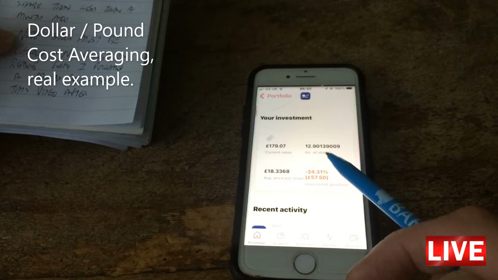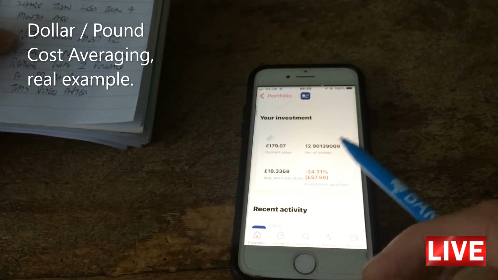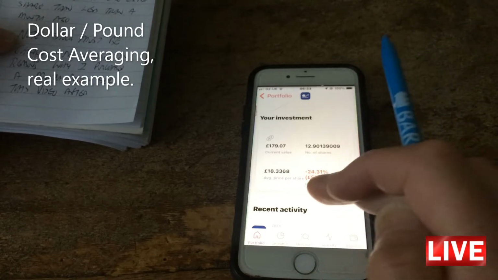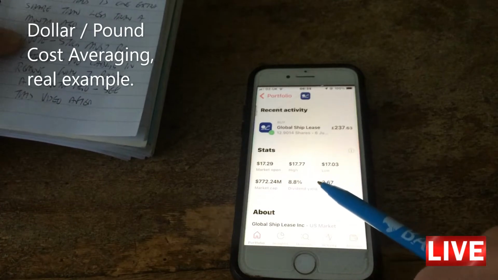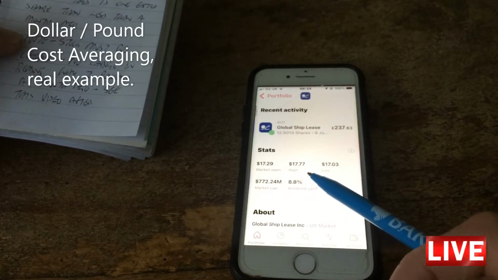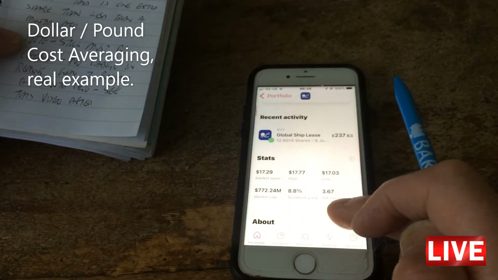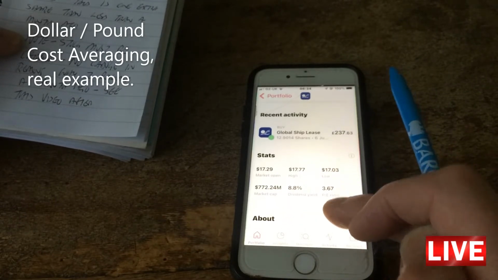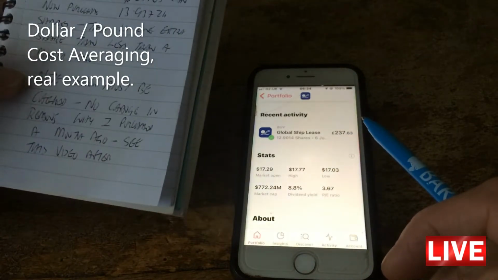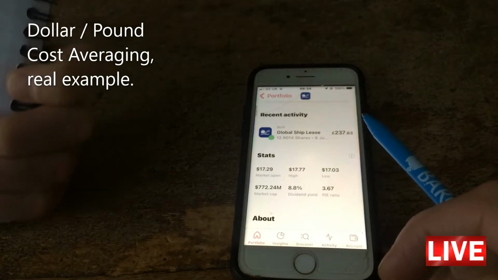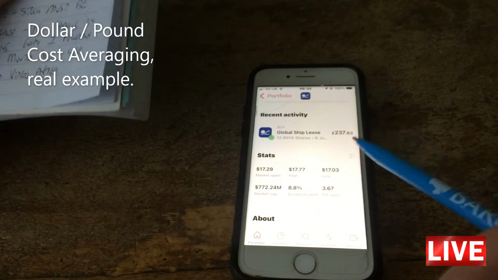That equates to just under 13 shares, and I'm down 24%. I initially bought these stocks, as you can see, on the 6th of June, and we're now on the 25th of June.